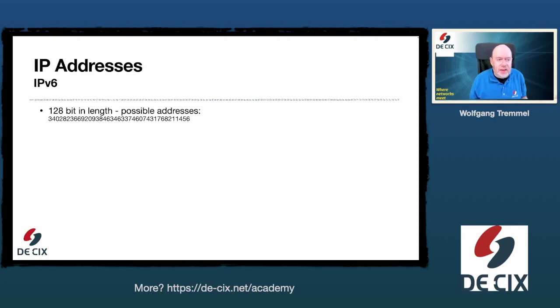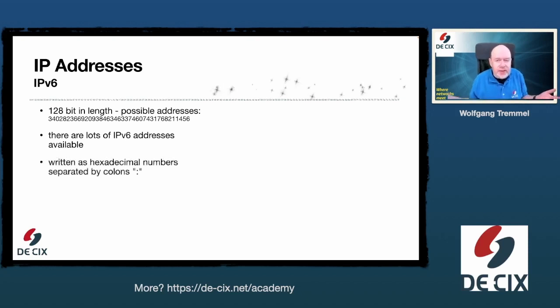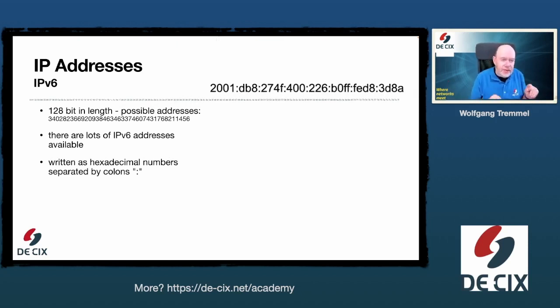That means there are a gazillion, a really, really large number of possible addresses. Also, there are a lot of IP version 6 addresses available and usable. And the writing is a bit different. It's written as hexadecimal numbers, so 0 to 9 and then A to F. And they are separated by colons instead of dots.